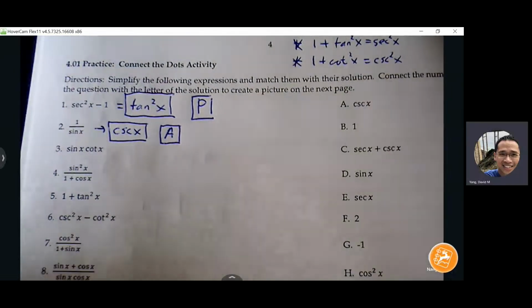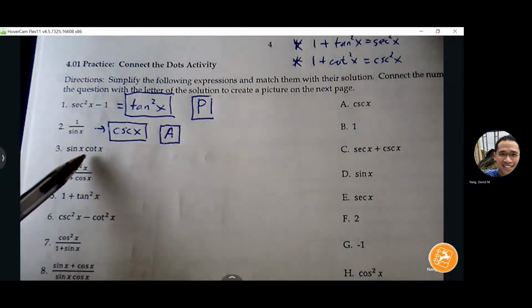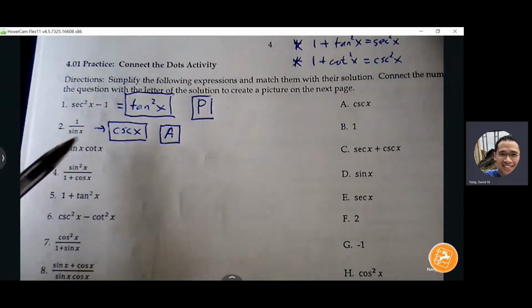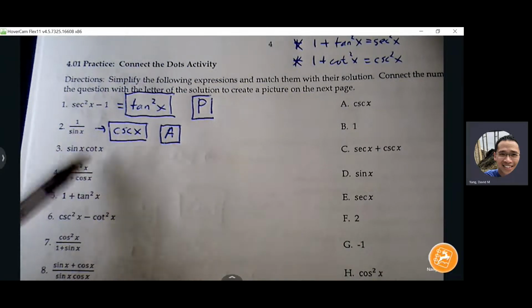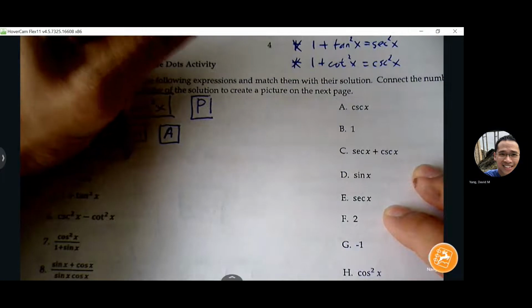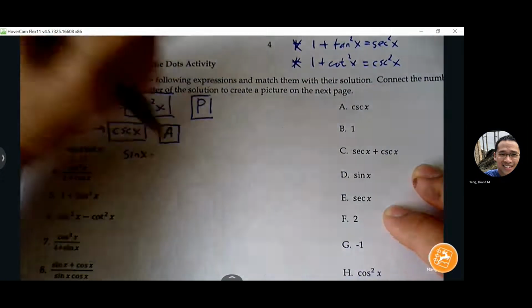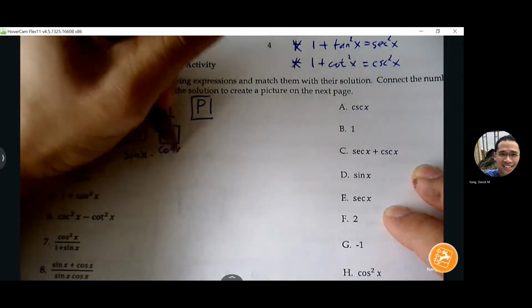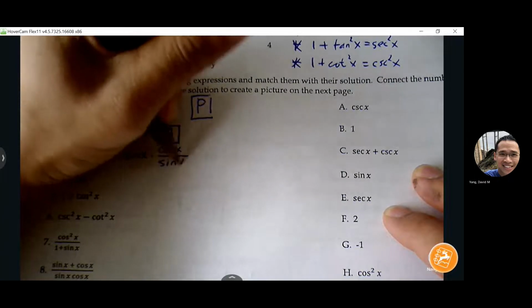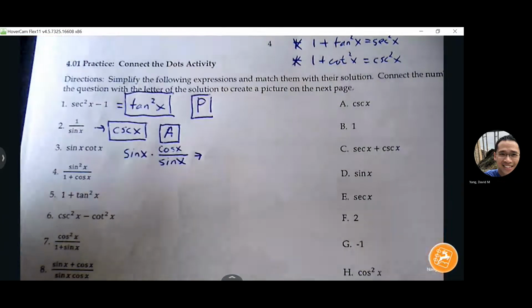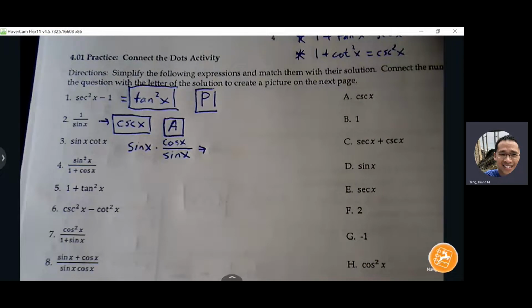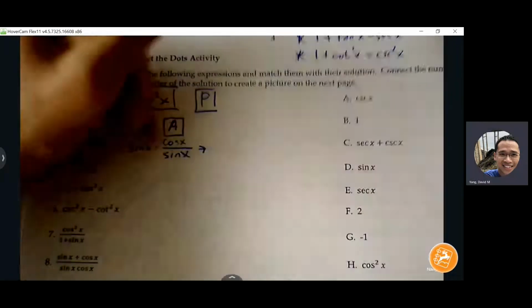Sine times cotangent. What can we do to make it a little bit easier to combine here? Rewrite cotangent. Anything match up nicely for us here? Sine.